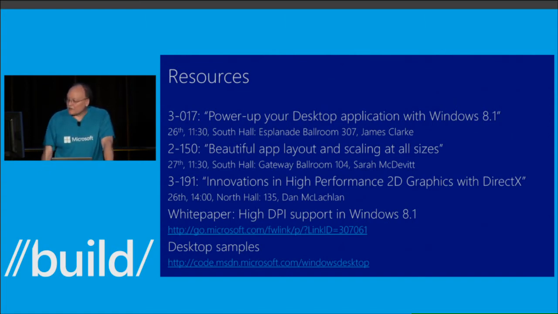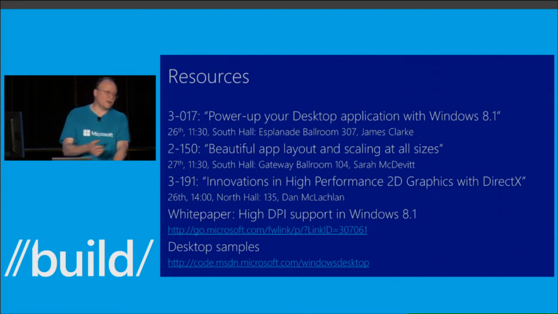Dan McLaughlin's got a great talk on all the high-performance 2D graphics. That includes things like D2D and the color fonts. Good place to go for more information on that. There is a white paper. We've had a white paper on high DPI support since Windows 7, and we're updating it for 8.1. That update includes this new DPI tutorial that shows how you can take the same code and add per monitor awareness to it and how to bring your application forward. So that's an important thing to go take a look at.